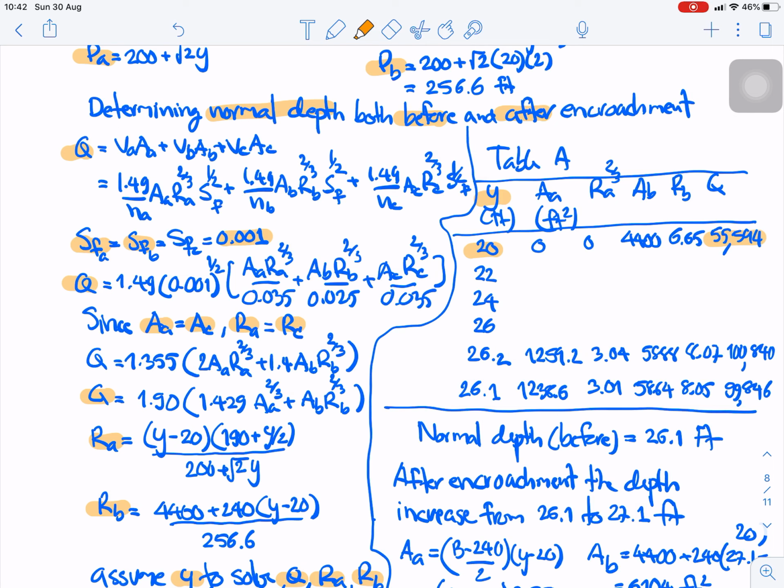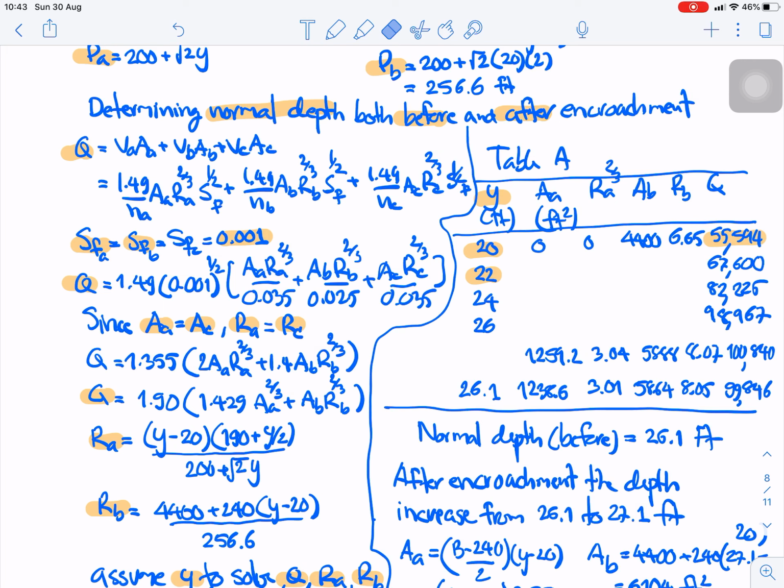Next, we increase the depth, so Q increases to about 67,000. Then we try 24, which increases Q to 82,000, and then 26, and 26.2 is closer.